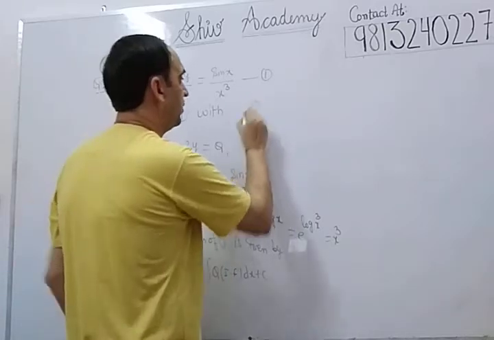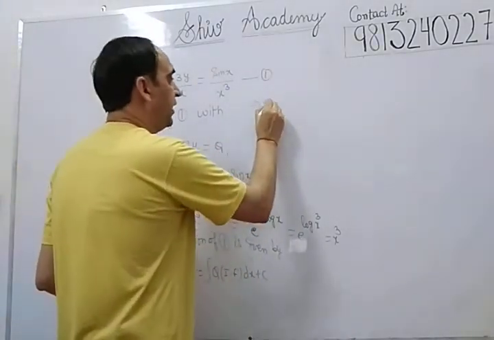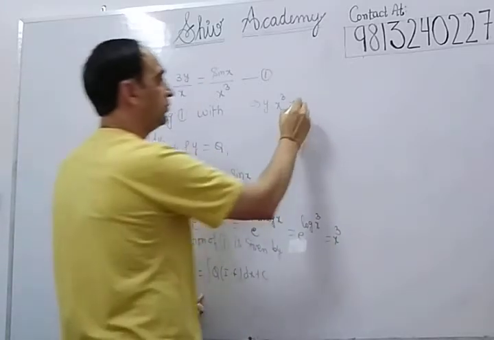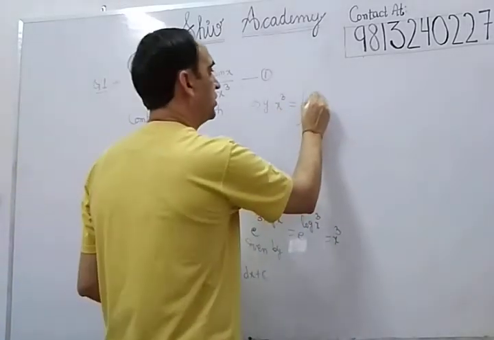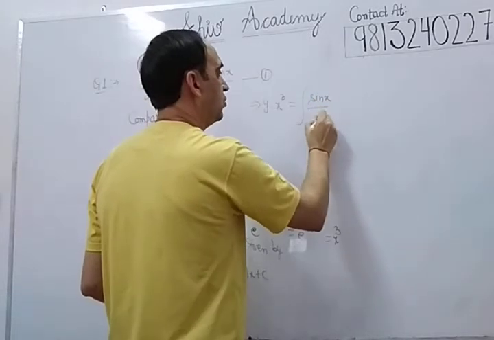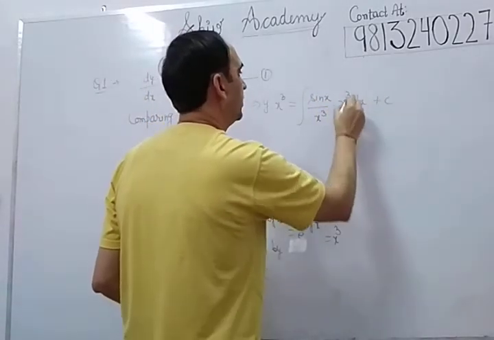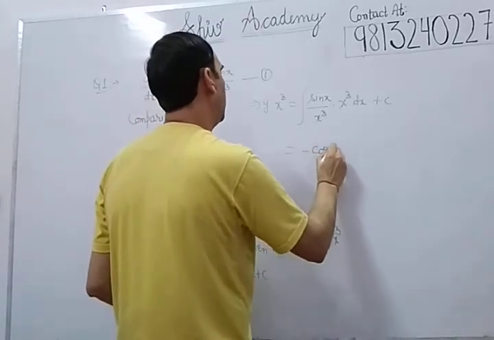So what you get: y into integrating factor, which is x cube, equal to integral of q. Q is sin x by x cube, so it is sin x by x cube into integrating factor with respect to x plus c. X cube cancels, so the integration of sin x is minus cos x plus c.